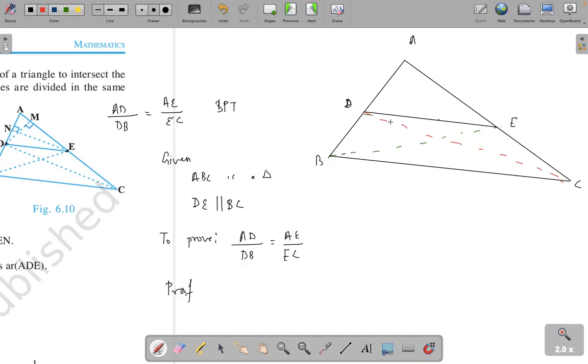So you got four triangles, right? One is this triangle for which AD is base. One is again the same triangle for which AE is base. You can switch bases of triangles, right? Then you have this triangle for which BD is base, and then you have this triangle for which EC is base, right? What else is missing?